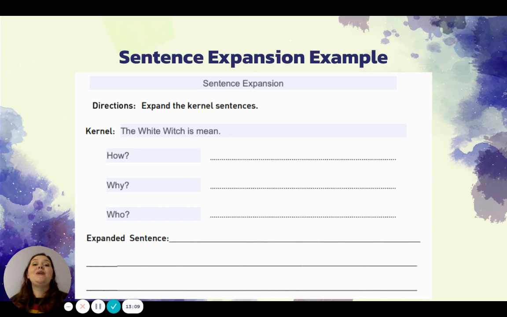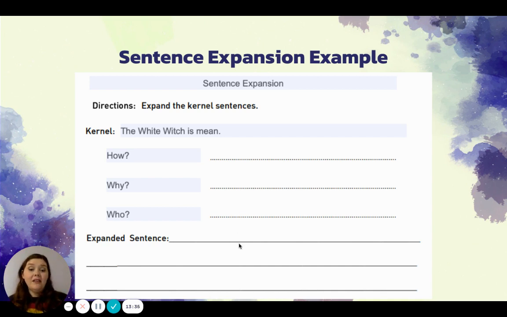Well, I want my students to expand upon that. I want them to tell me how she's mean, why, and who is giving them this information. So I would have my students kind of fill this out. And remember, when we see these dotted lines over here, students do not have to write complete sentences right there. If it's a dotted line, it's just a simple note. So just some notes for themselves.